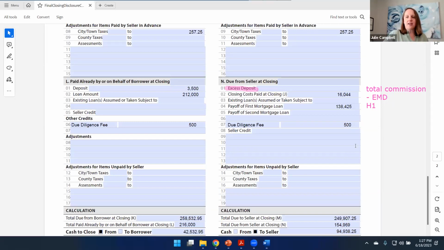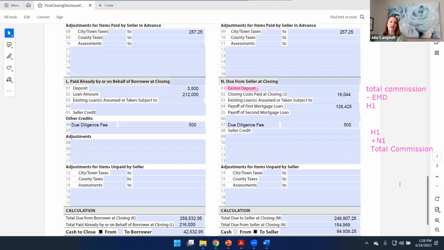So now what we're saying is that H1 plus the amount that we put in N1 is going to equal the total commission that the seller agreed to pay in our exclusive right to sell listing agreement. I still have the seller paying the full amount, right?